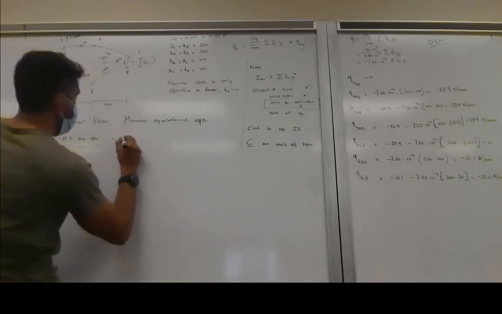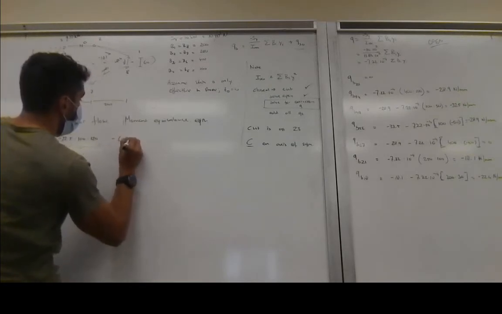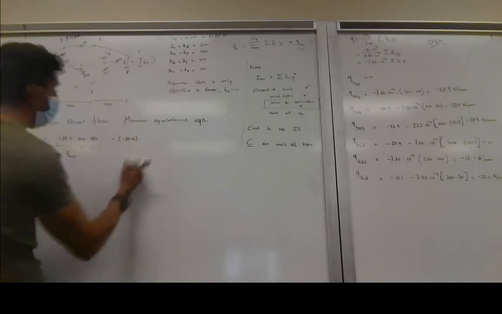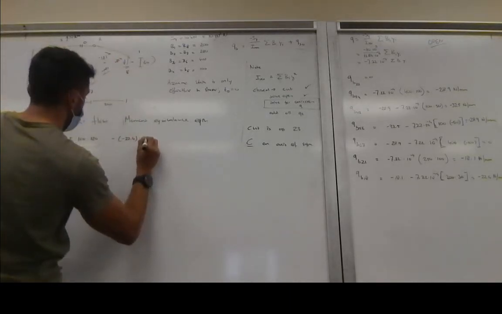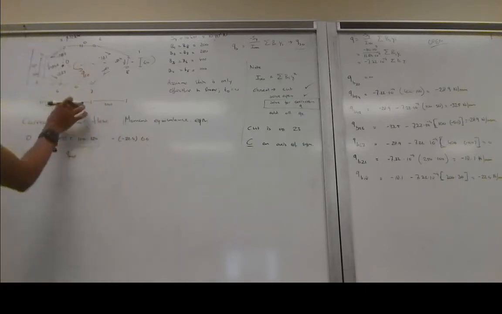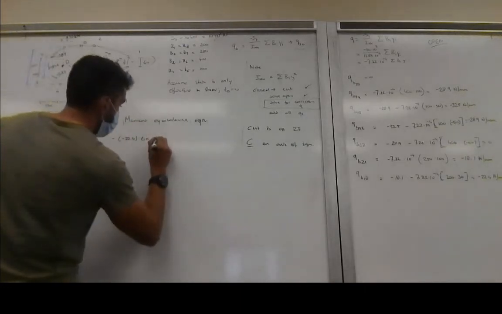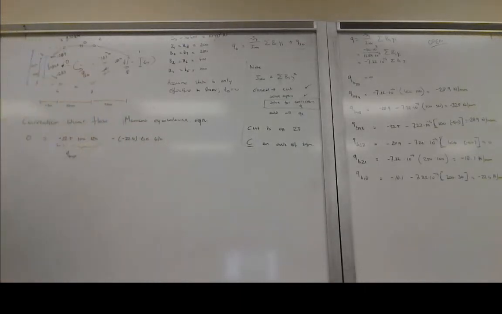So negative, again, negative 22.4, multiplied by 60, that's the distance, and the moment arm is 240 plus 240, which is 480. 6 and 7 are 0, 2 and 3 are 0, so it leaves us with 3, 4, 5, 6, 7, 8, and 2, 1.